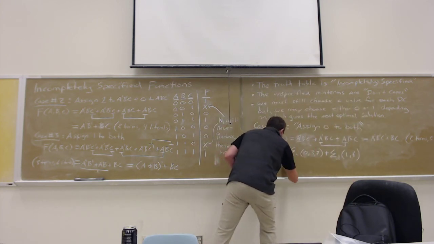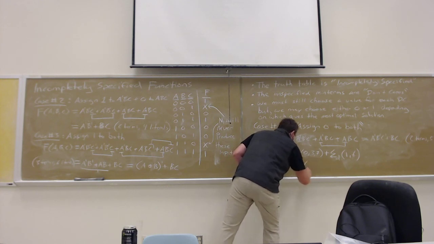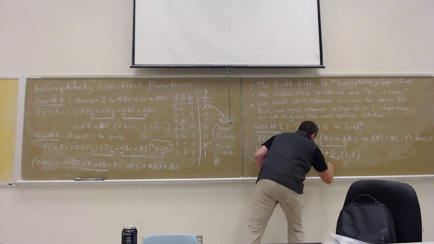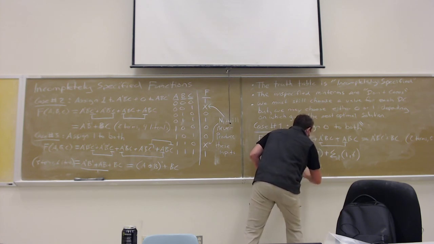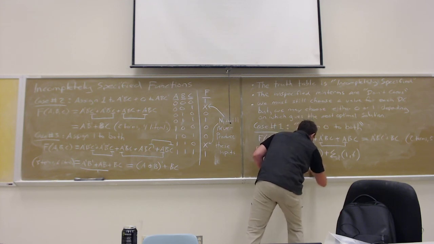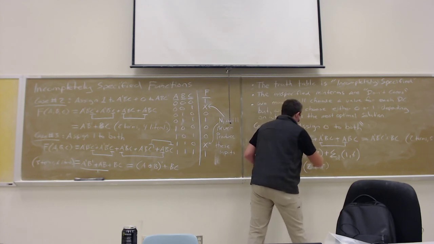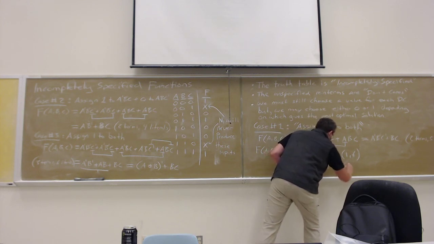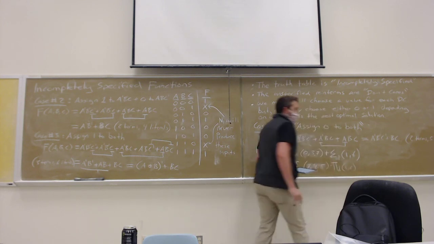And we could also say that it's equal to the product of maxterms 1, 2, 4. Wait, hold on. That's not 2, 4, and 5. I'm just so used to looking over at the minterms and whatever's missing. And the product of don't cares 1 and 6.